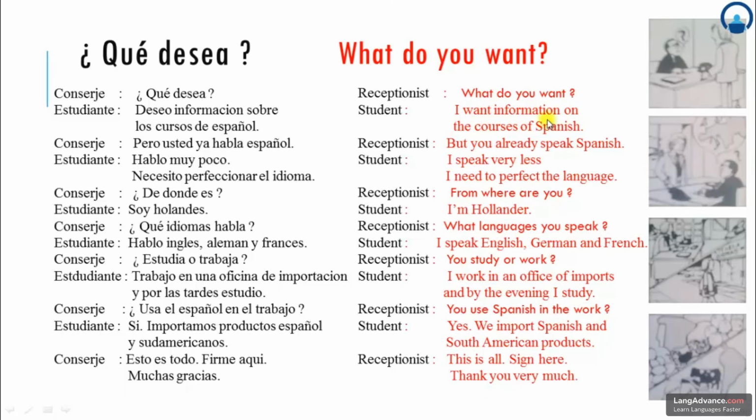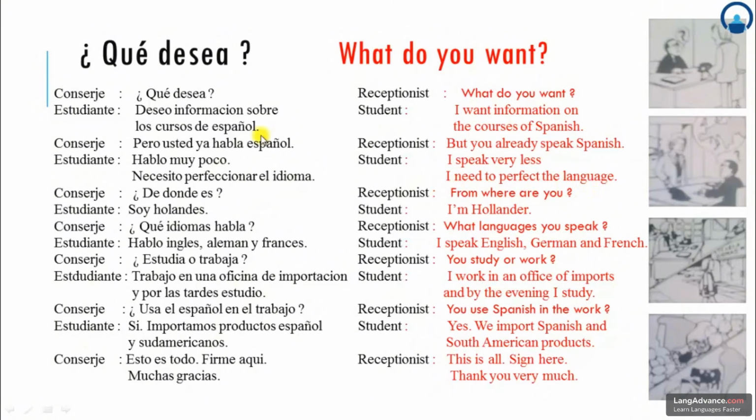I want information on the courses of Spanish. Pero usted ya habla español. But you already speak Spanish. Pero means but. Ya means already. Hablo muy poco. I speak very little. Necesito perfeccionar el idioma. I need to perfect the language.